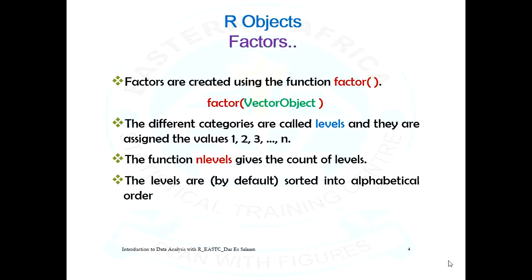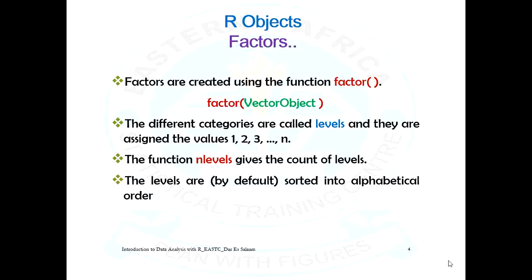So if, for instance, we are dealing with education level, you have primary, secondary, and college education, three categories.